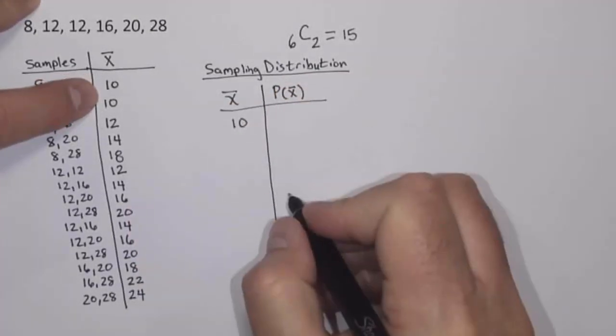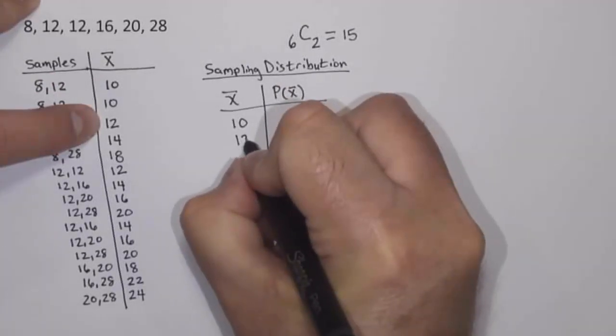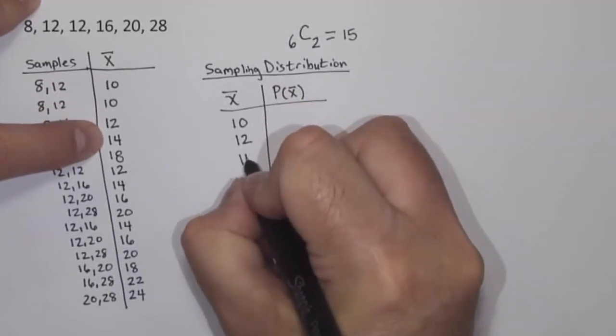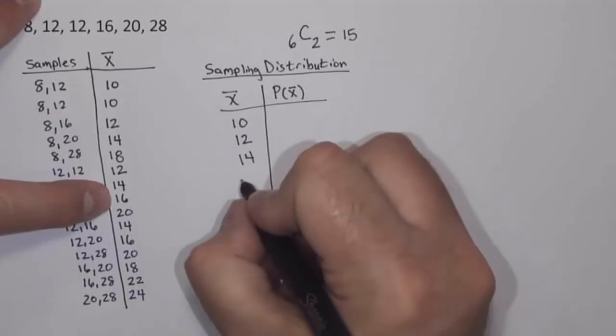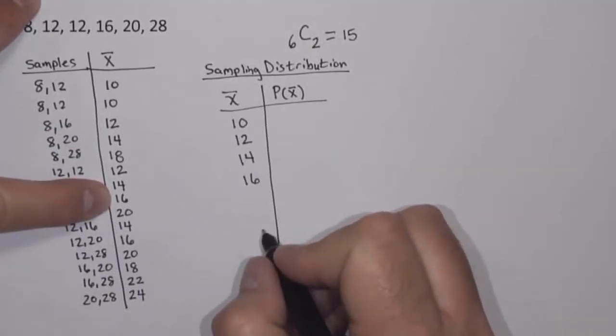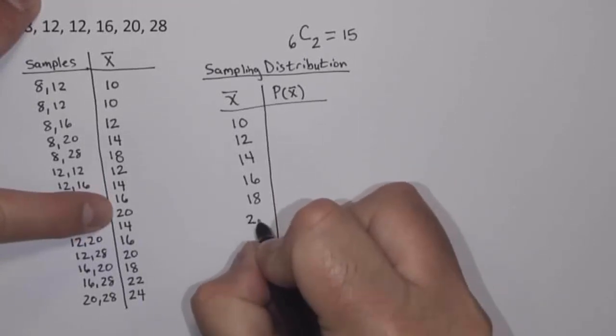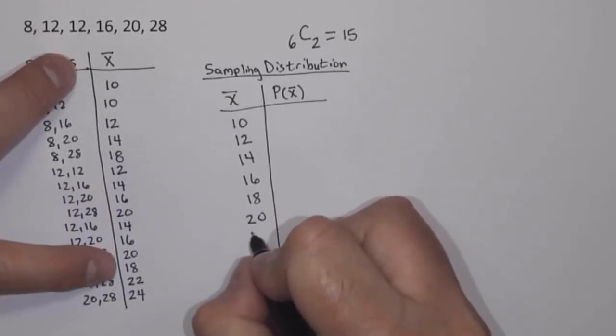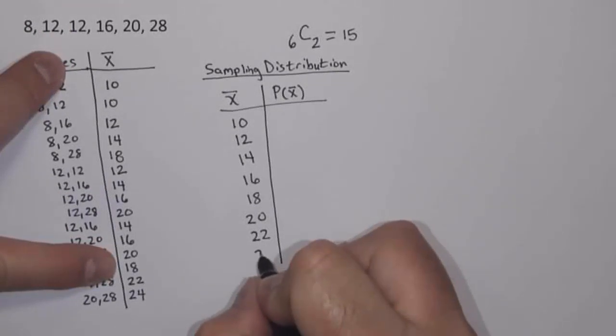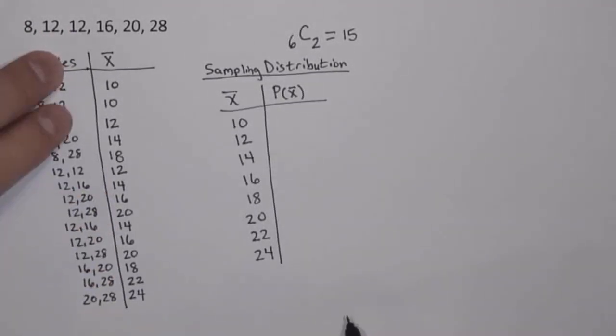We obtained 10 for an X bar, 12 for an X bar, 14 for an X bar, 16 for an X bar, 18 for an X bar, 20 for an X bar, 22 for an X bar, and 24 for an X bar.